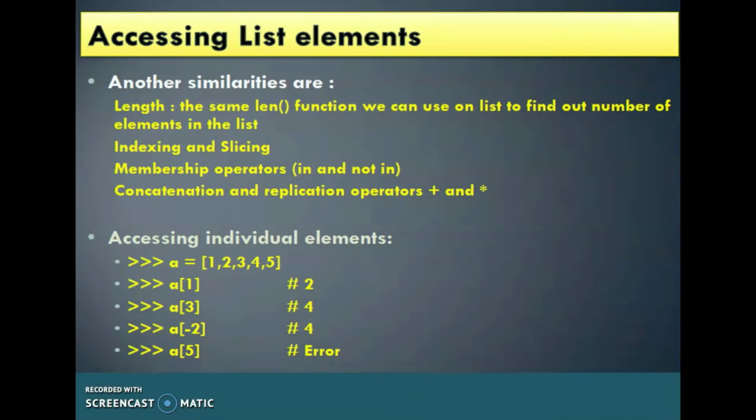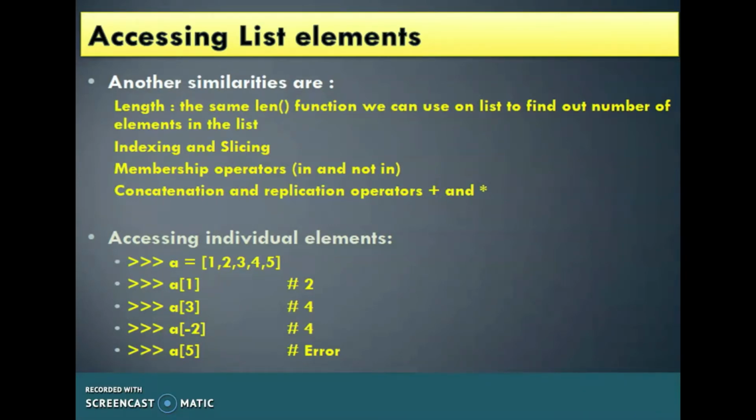Another similarity is length. The same len function we can use on a list to find out the number of elements in the list, same as a string. Indexing and slicing: we already discussed indexing and slicing in the string itself.